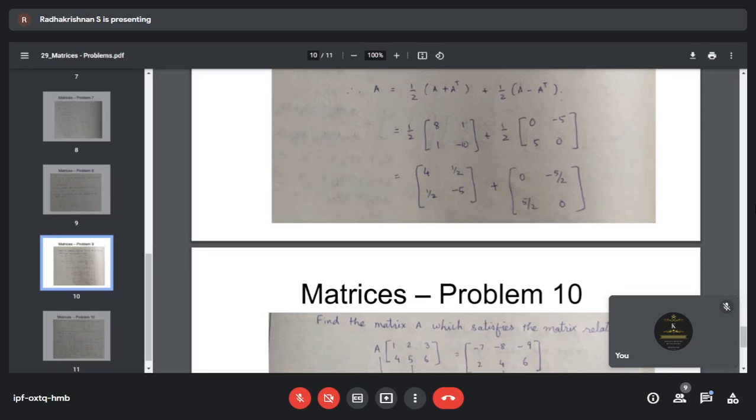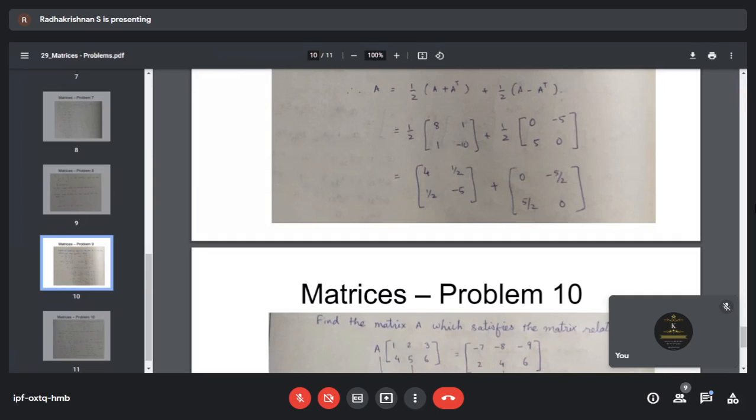First step is to determine the order of A. It is given that A into this is equal to this, and the order of this is 2 by 3, and the order of this is 2 by 3. Can somebody tell what will be the order of matrix A? 2 by 2, sir.